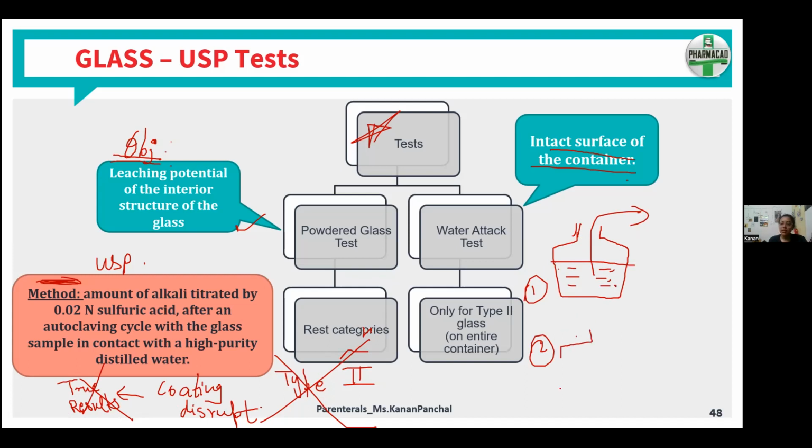The second thing is where you again take your container and fill in plain water. Here you had filled DP, here you are filling water. I hope you all understand, when I'm saying DP, it is your API-containing formulation. Here you fill water and then you test that water, basically doing titration to find out how much content has leached and all. So these are the two important tests. Is it clear, everyone? Yes, ma'am. And why we don't do powdered glass test on type 2 is also clear, correct?